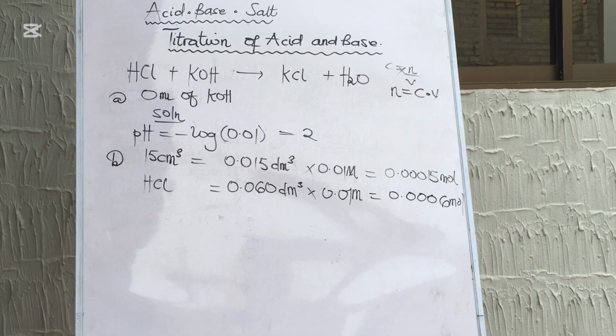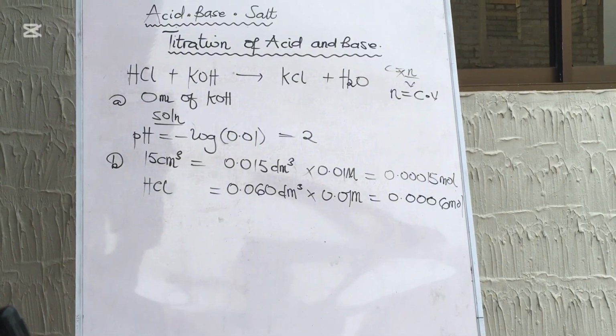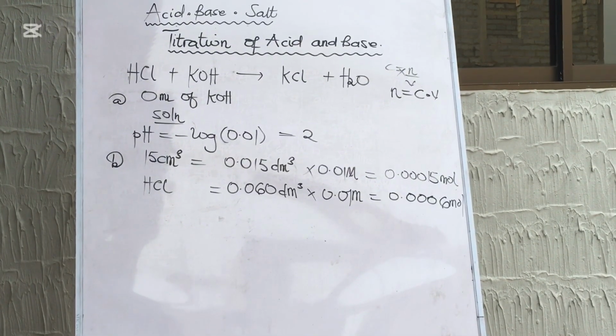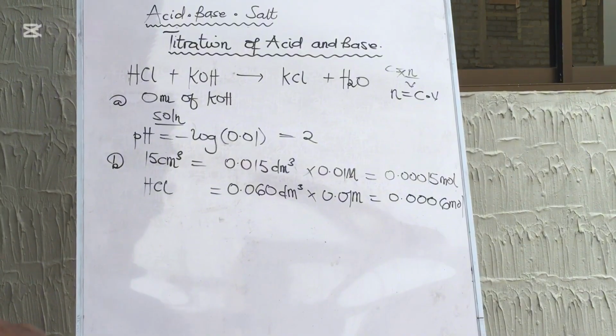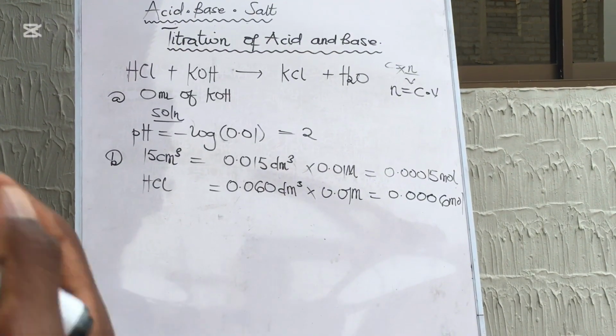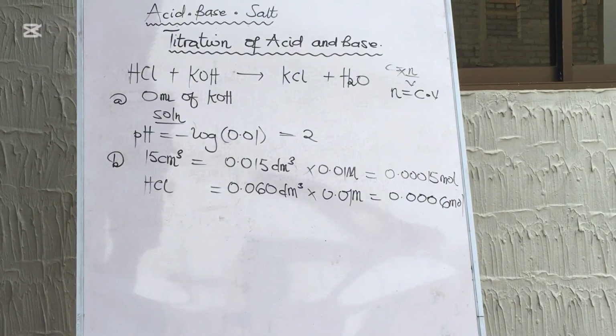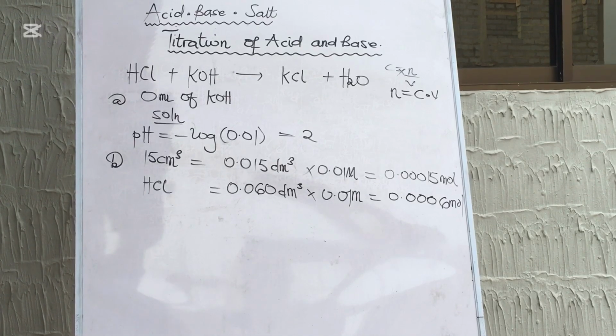So we find the difference, because we know that the HCl is the one in excess. We find the difference in the number of moles, and we represent it as the moles of the excess HCl left.